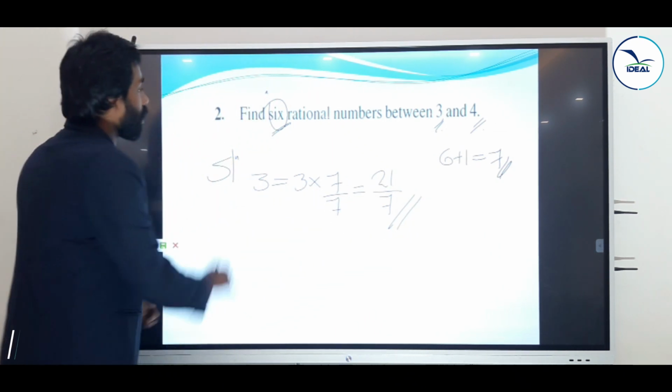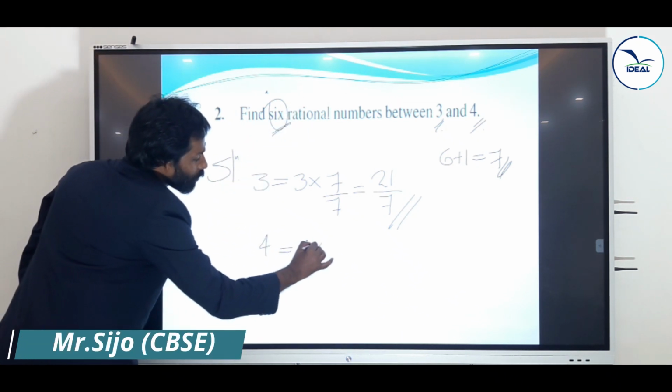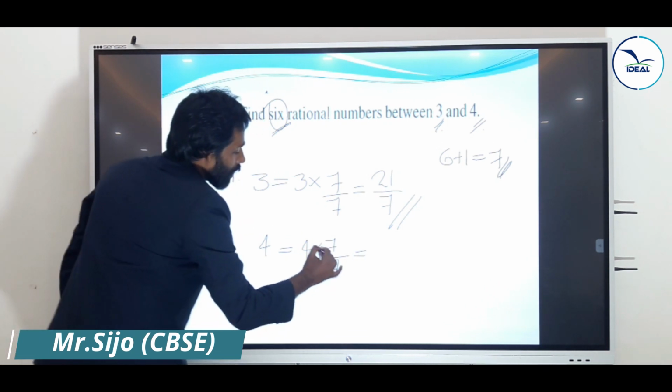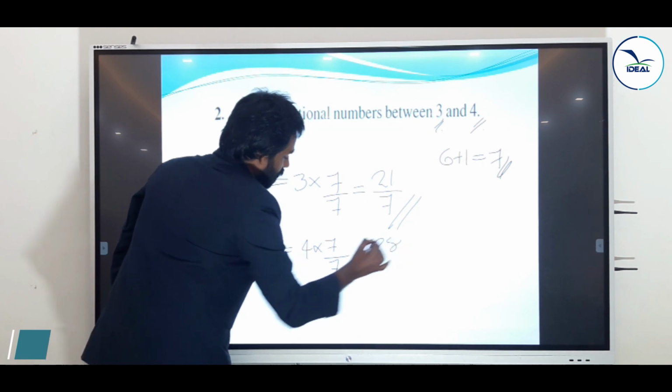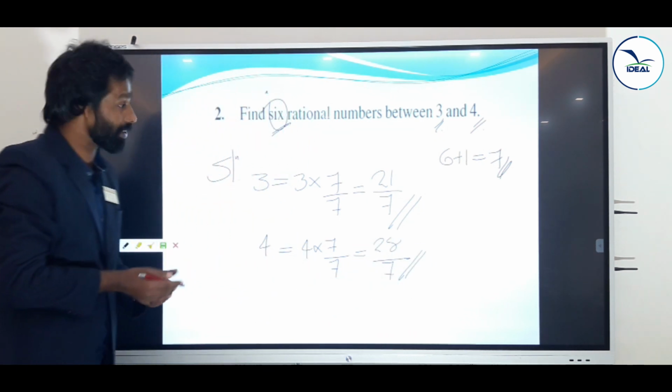21 by 7. Now the same way we have to write 4 as 4 into 7 by 7. So we'll get it as 28 divided by 7. Now here is our answer.